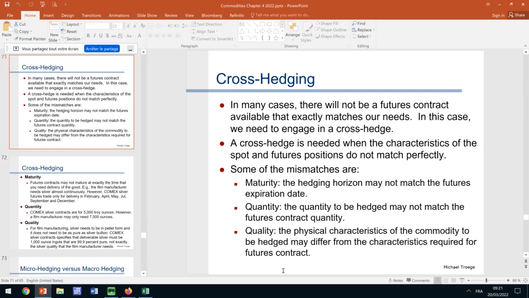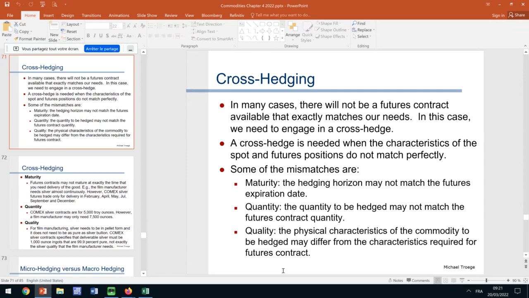And the smaller the correlation, so if you have only a very weak correlation between the price of my commodity and the price of the futures contract that I use to hedge, then you should only buy a small amount of this futures contract compared to the amount of production you have.